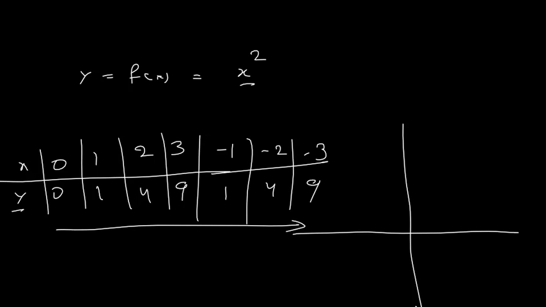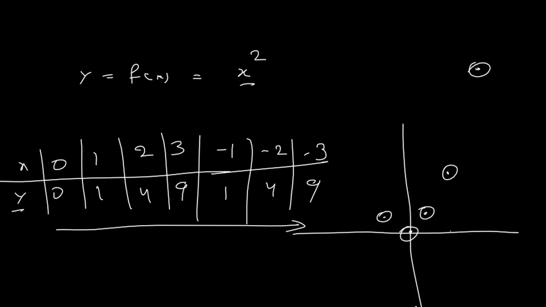Now let us plot it. When x is 0, y is also 0, so the origin represents that point. When x is 1, y is 1. So suppose this is that point. When x is 2, y is 4, so a little higher. When x is 3, y is again higher, which is 9. So 9 is somewhere here, and then I will join this side. Now if I take the x value negative, then for minus 1 I have value 1.